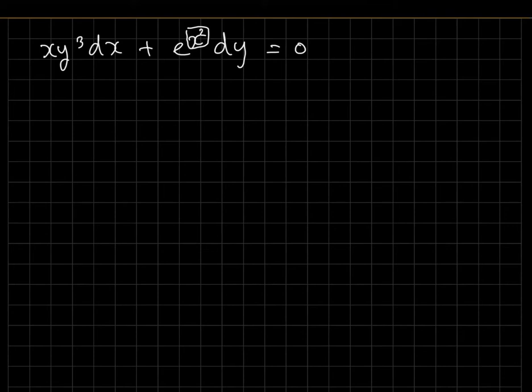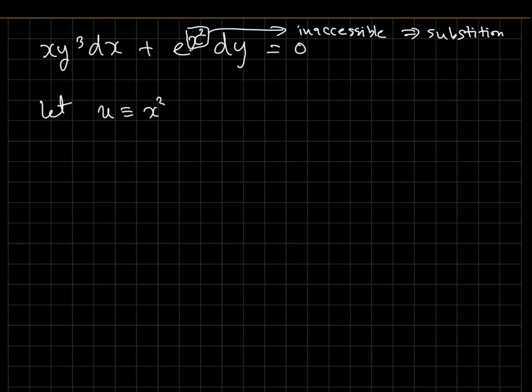And so if I have a function that is rather complicated in the inaccessible part of the equation, I'd like to make a substitution. So that's what I usually do to make things easier. So in this case, let's use the substitution u equals x squared. Again, the goal is to eliminate complicated functions in the inaccessible part of the equation.